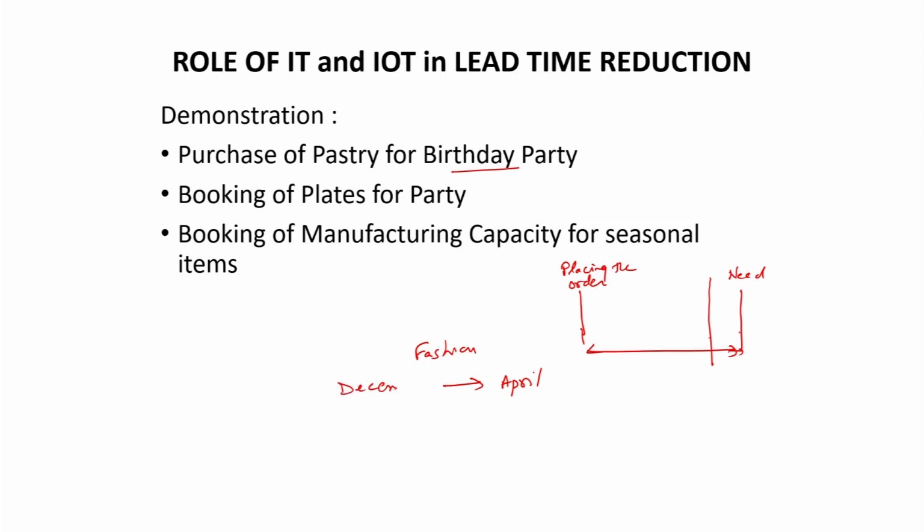The designing, manufacturing and procurement of fabric starts much earlier in December, and it may happen that by the time you are bringing the material into the market, there may be a change in the requirements or a change in the fashion also. So, for those items we have to be very careful that all the decisions may not be taken in December, some decisions may be taken close to the point of sales and usage.